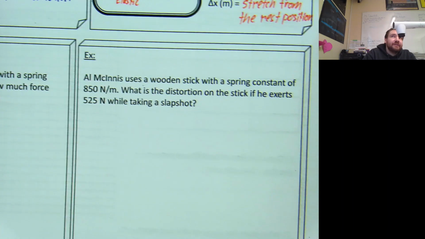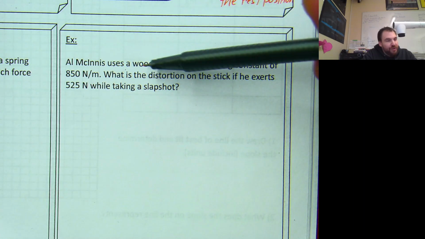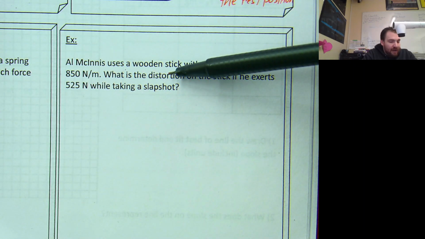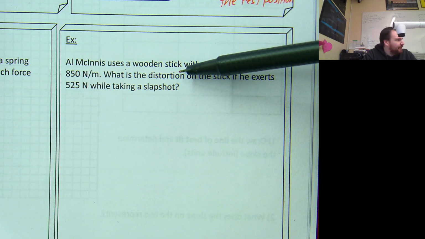Al MacInnis, which is a name that sadly probably doesn't mean anything to any of you, had the hardest slap shot in the NHL for a very, very long time. And he used a wooden stick to do this. Any hockey players here now? Any hockey players? Okay.